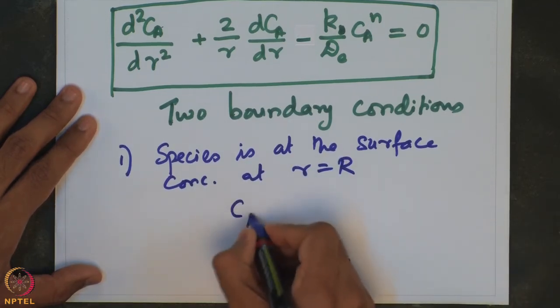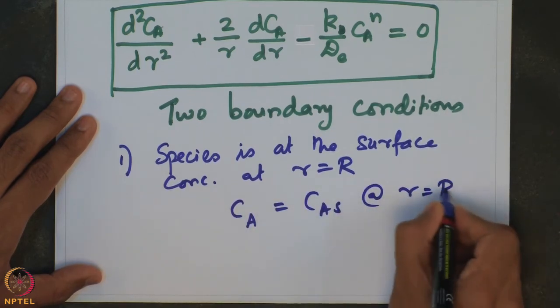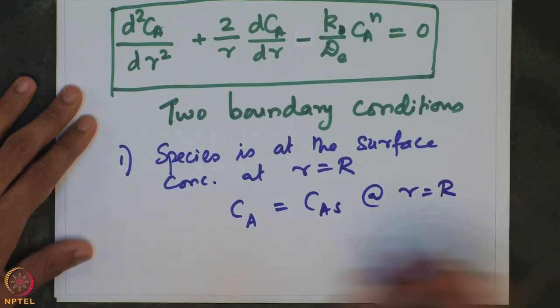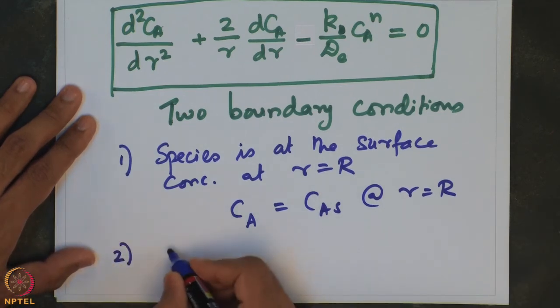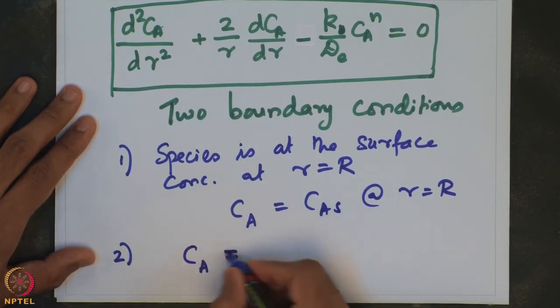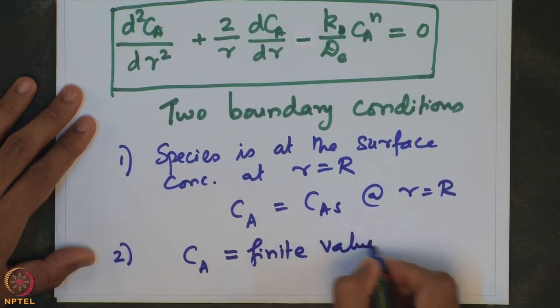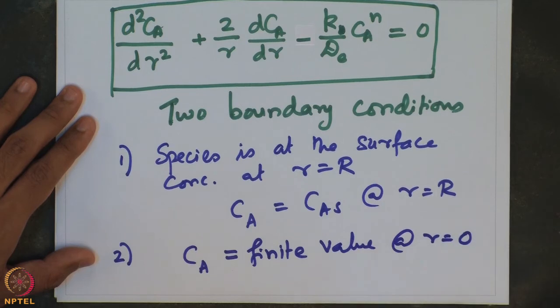So, we can assume that Ca is equal to some Cas at r equal to capital R. The second boundary condition is that because of axisymmetry, at r equal to 0 we can assume that Ca is equal to some finite value.